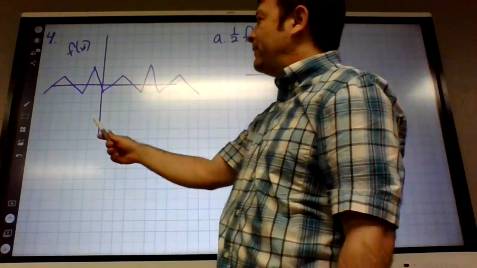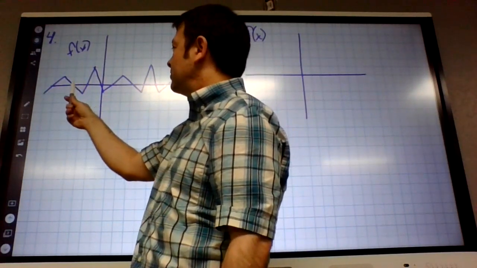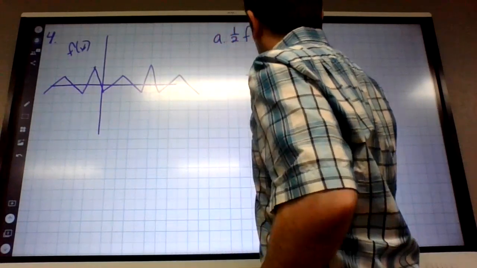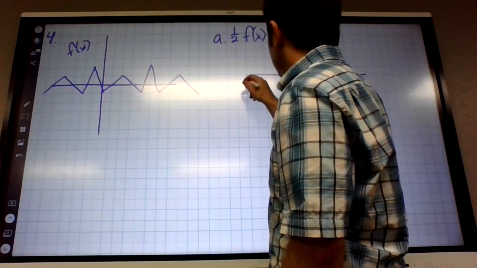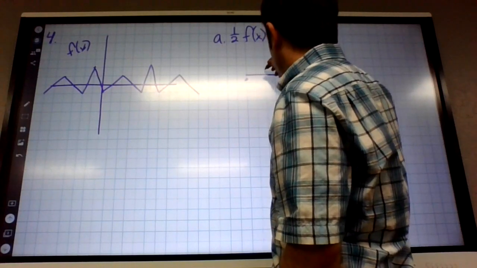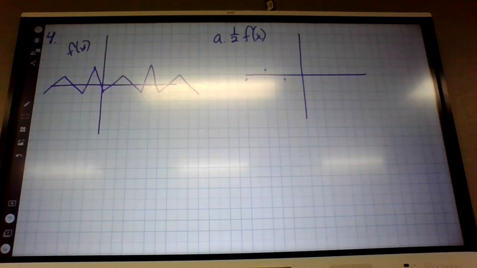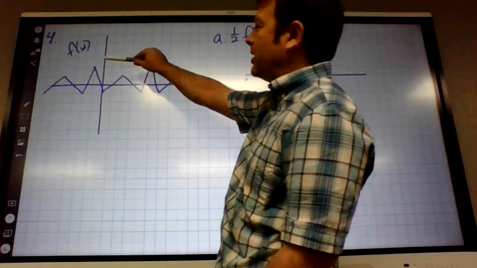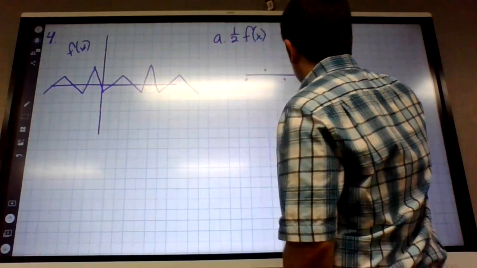So if the value was at -1 out here, it's gonna be at -1/2. Instead of going up to 2 right here, it's gonna go up to 1.